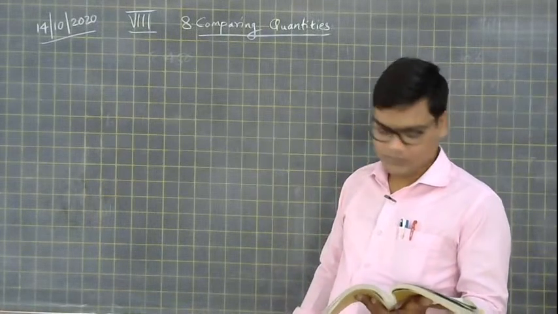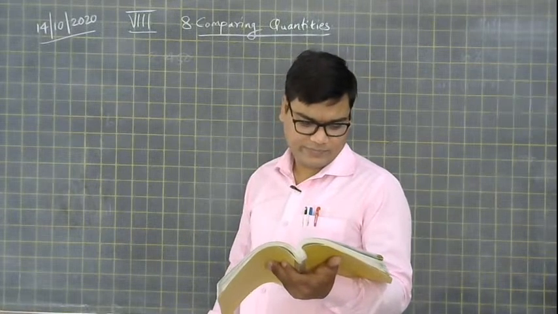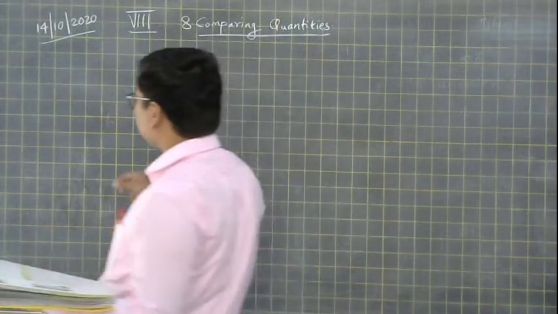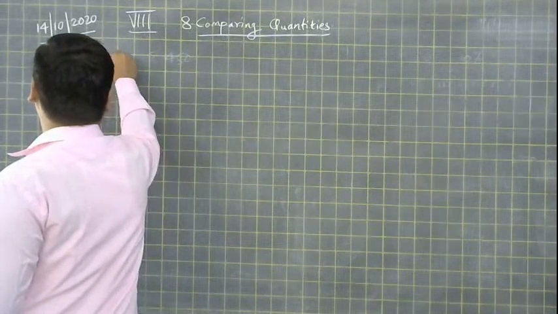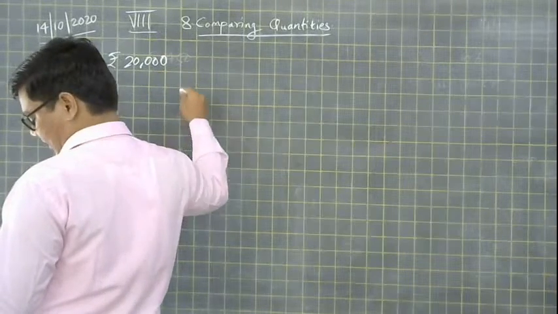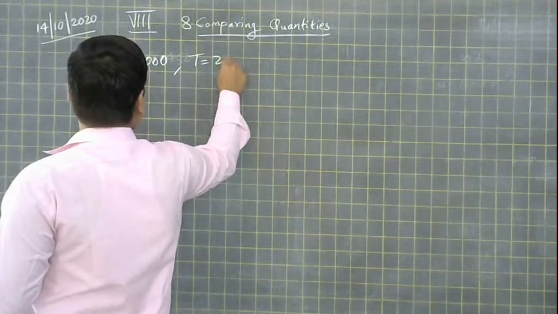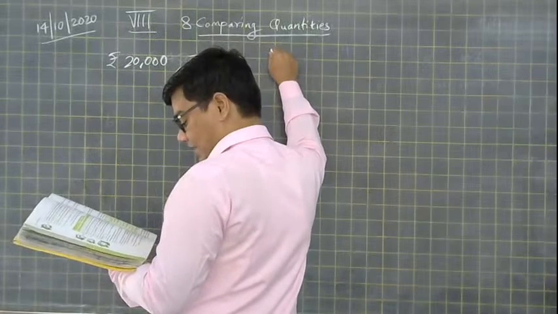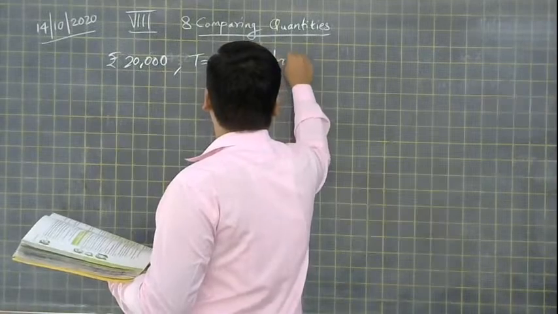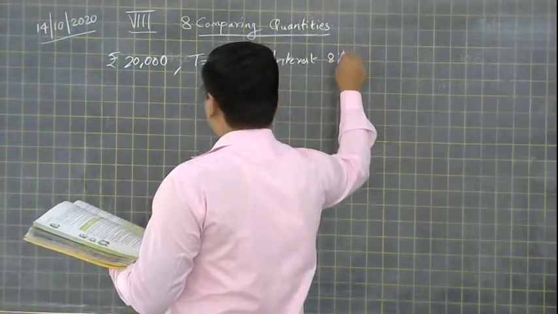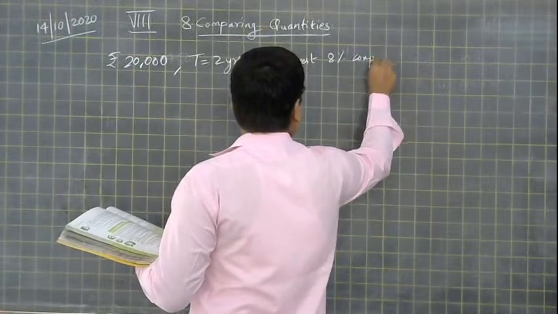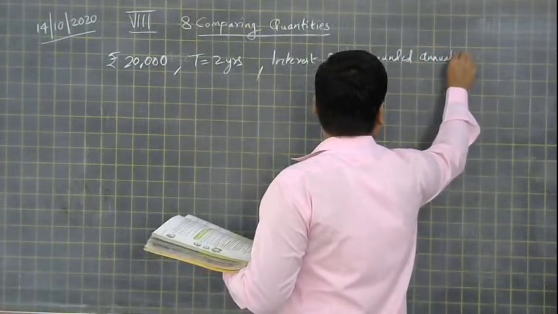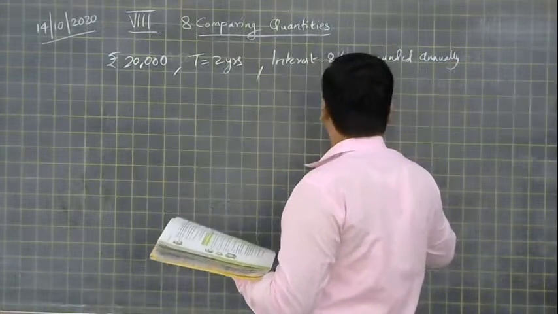A sum of rupees 20,000 is borrowed by Hina for 2 years at an interest of 8% compounded annually. So the sum is rupees 20,000, time is 2 years, interest is 8% compounded annually.